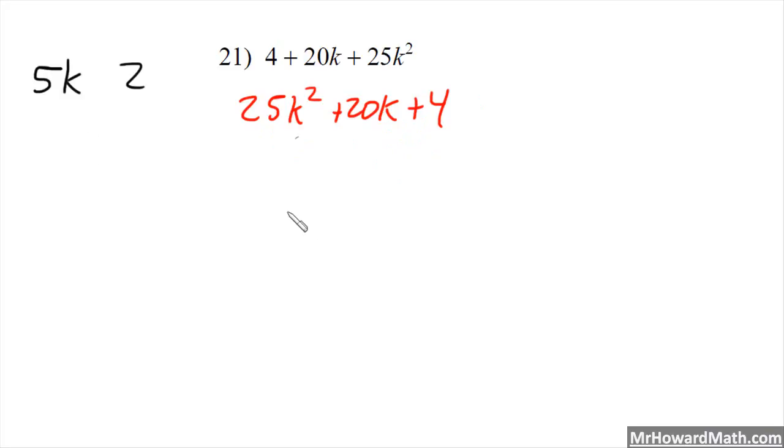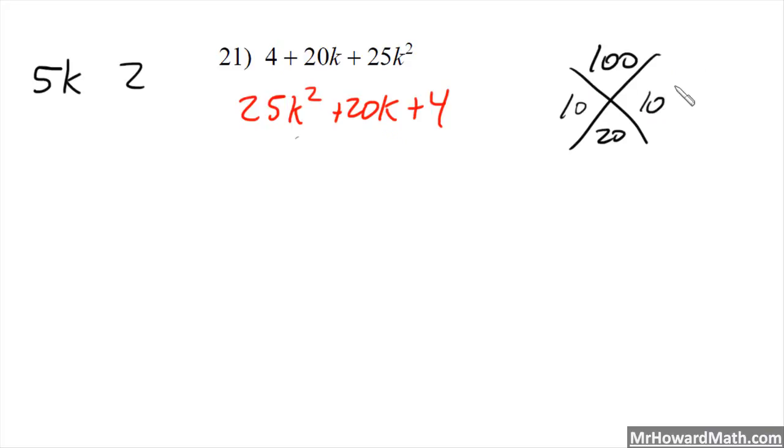We'll just have to work it out and see. So we look for a greatest common factor. We don't have one. So we multiply first times last, since this leading coefficient is bigger than 1. So that would give us a 100 that we need to multiply to. We want to add to 20. We've had this same setup before, so it's 10 and 10.